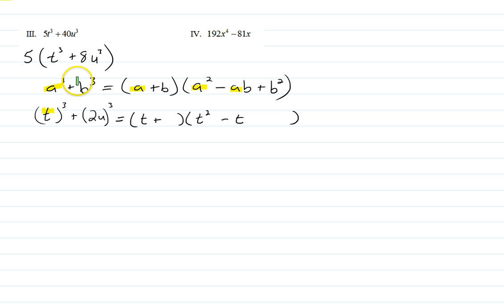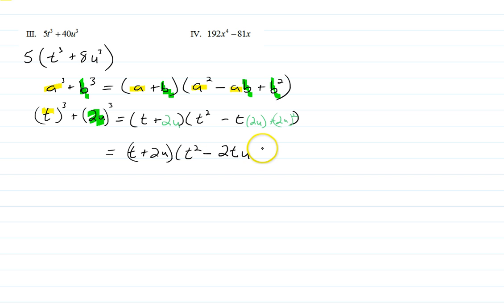And wherever there's a b, I'm going to write 2u. Clean it up. So t plus 2u, t squared minus 2tu plus 4u squared.